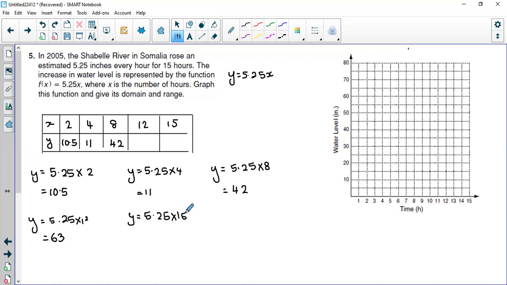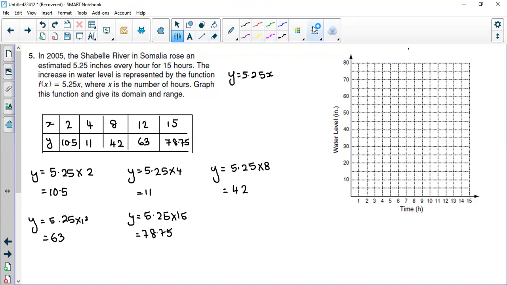This would give you 78.75. So here it's 63 and here it is 78.75. Now .75 means it's 3/4. You need to know 0.75 is the decimal for 3/4. So when you're graphing, you need to have an idea about that.